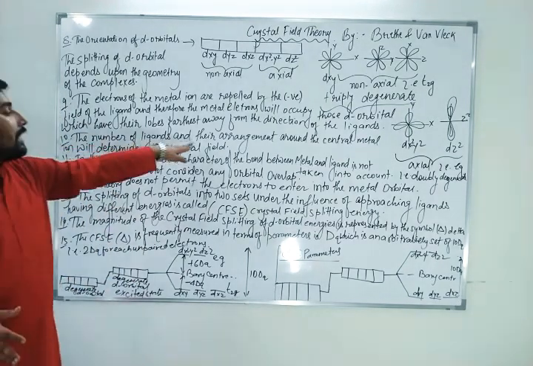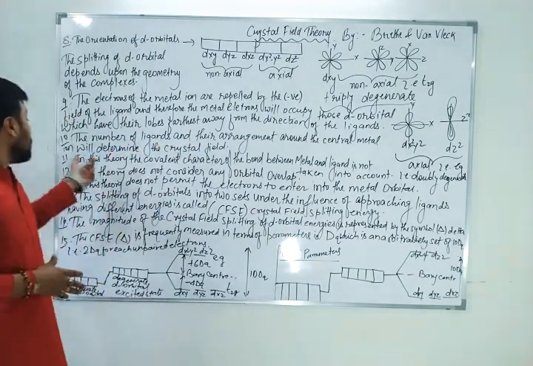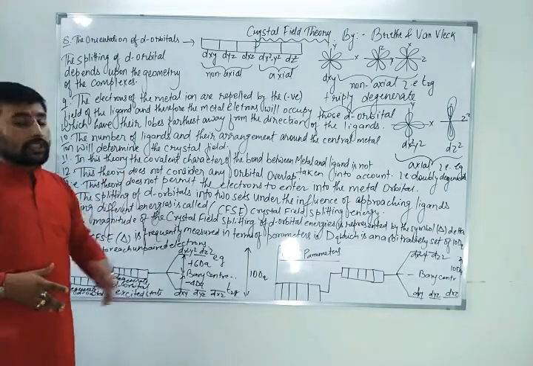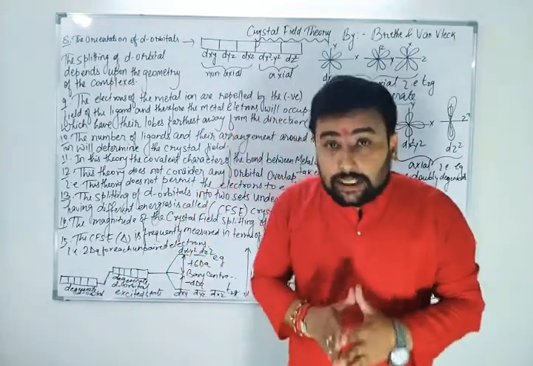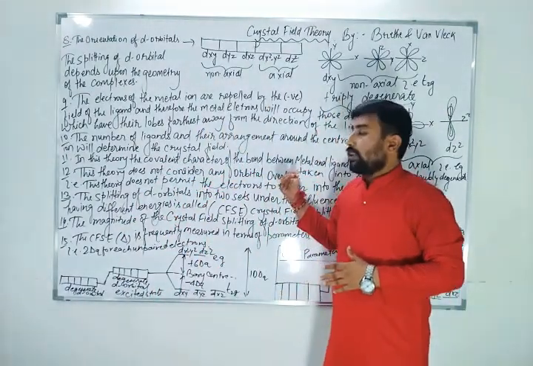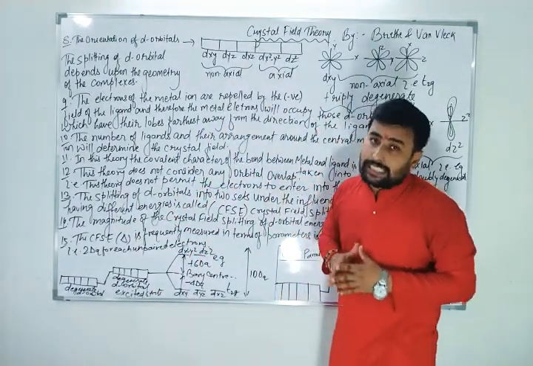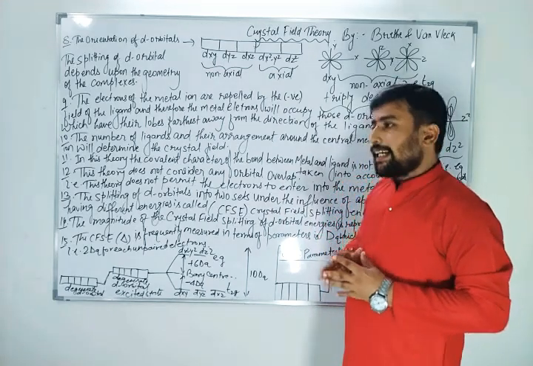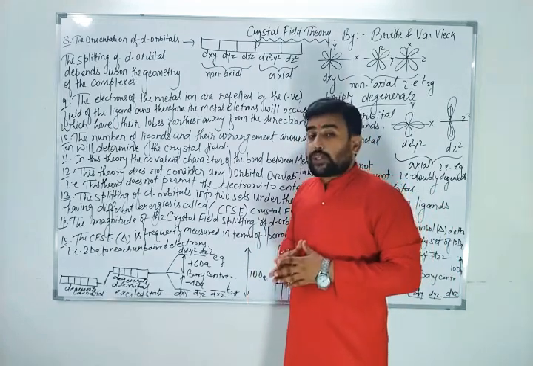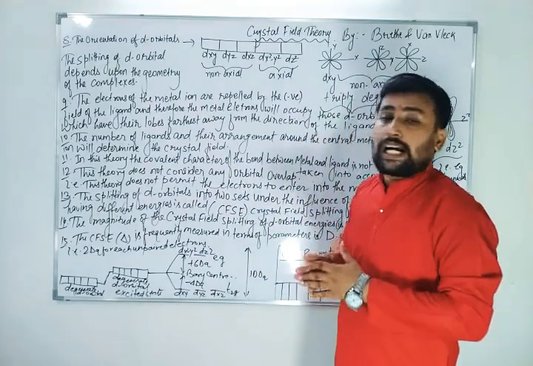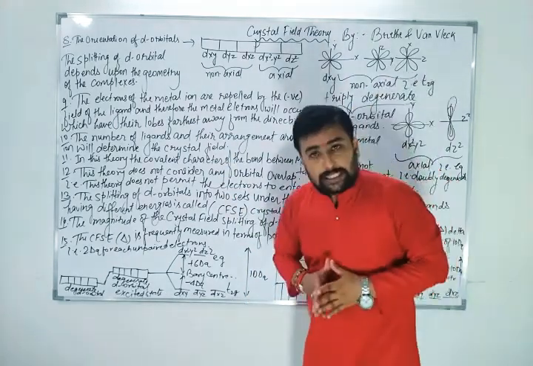The number of ligands and their arrangement around the central metal ion will determine the crystal field splitting. It depends upon the number of ligands and the central metal atom or ion, which give us the information about how the ligands interact and which type of complex it is.